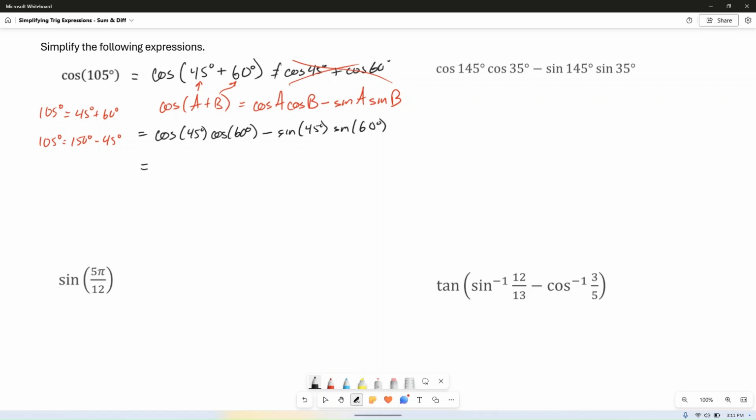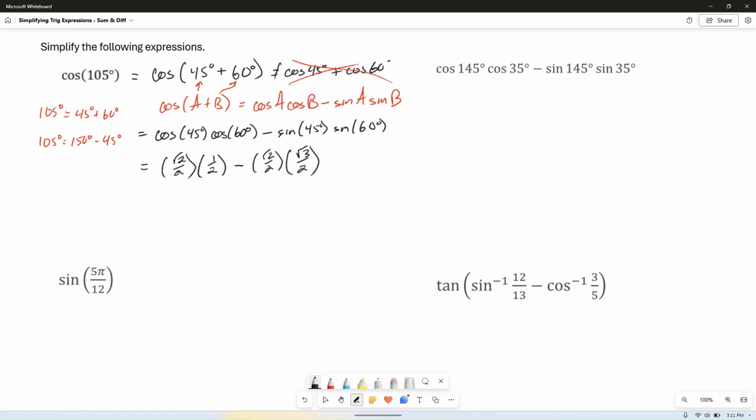I know the cosine of 45 degrees is square root of 2 over 2. The cosine of 60 degrees is a half. So we have square root of 2 over 2 times a half, minus, well, sine of 45 is also square root of 2 over 2, and the sine of 60 is square root of 3 over 2.